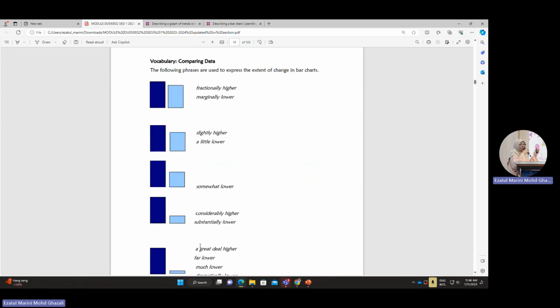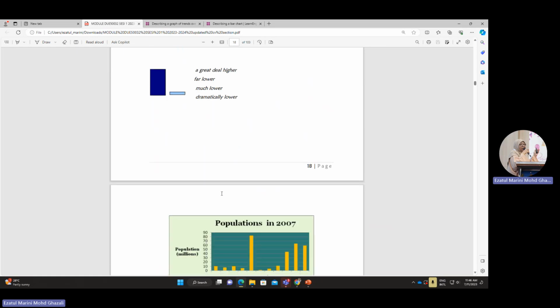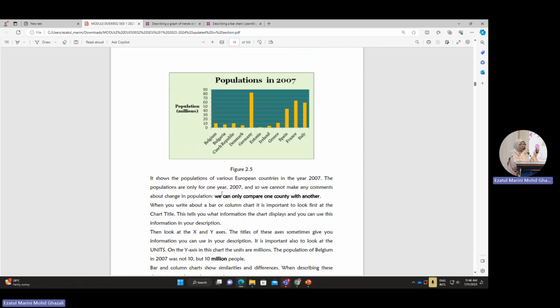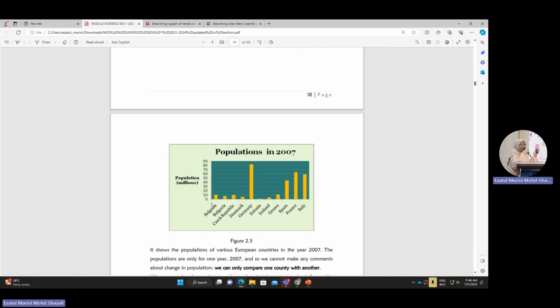You might want to have a look at how to compare data in a bar graph. You can say fractionally higher or marginally lower, slightly higher or a little lower, somewhat lower, considerably higher, substantially lower. This is when you compare the dark and the light blue bar. Here is an example of how to describe the population of major European countries in 1997.